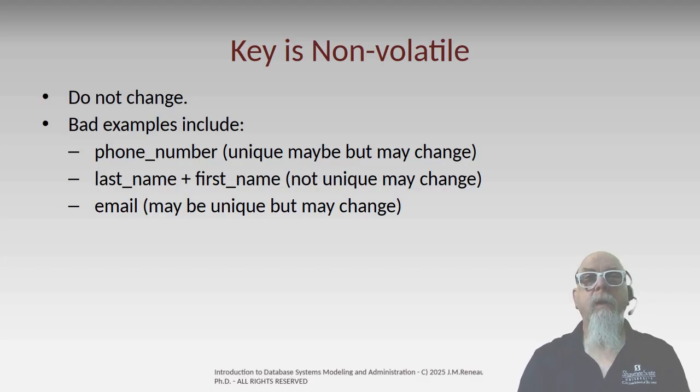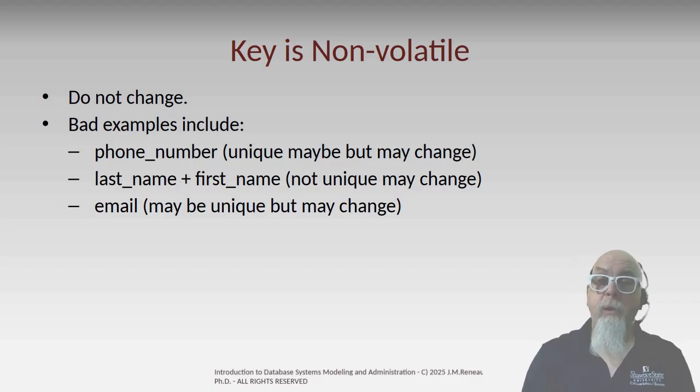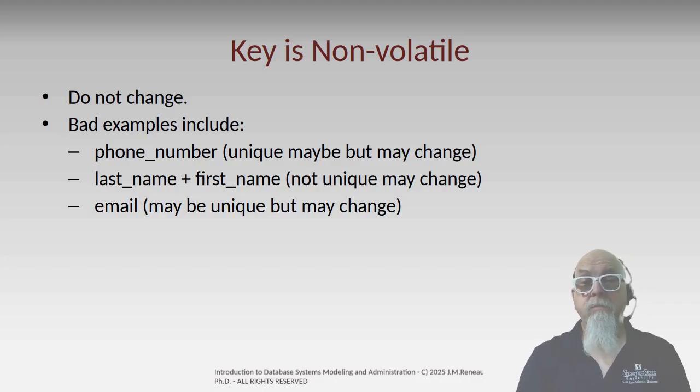But could email addresses change? Yeah, they can change sometimes. Maybe somebody left employment or created a new business with a new domain. Lots of reasons these things can change. So these are attributes that are volatile and we don't want to use those as keys.